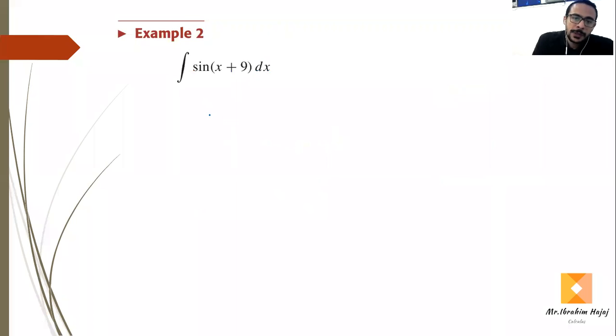One more question. The integral of sine x plus 9 dx. Listen carefully, guys. We have two ways in this question. You can use the U substitution method or you can do it directly. Let's do it directly because the angle here is linear.